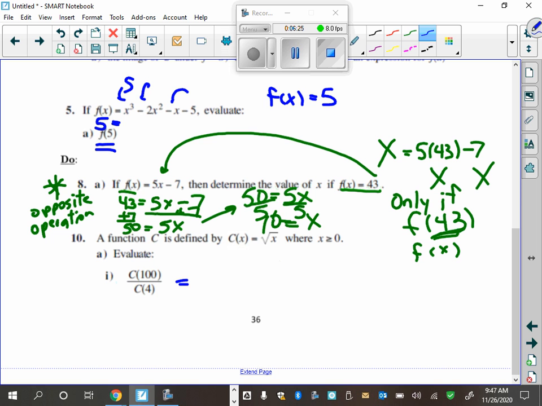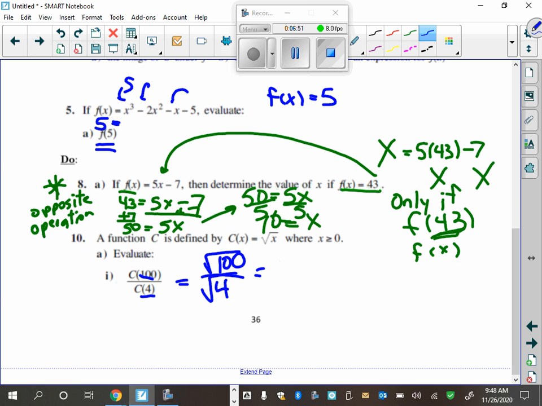Okay, number 10. It says the function is square root of x. So wherever you see an x, you square root it. In this case, 100 is your x, and 4 is your x. So if x equals 100, you square root 100. If x equals 4, the function is square root 4. I'll let you simplify that now on your own.